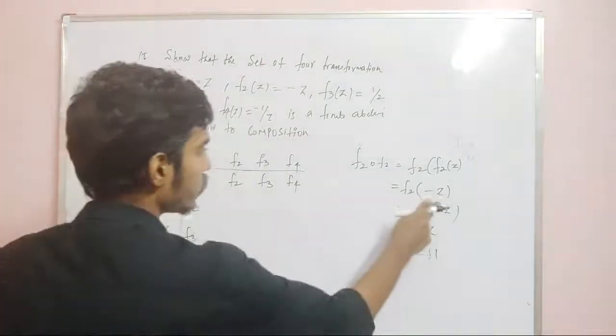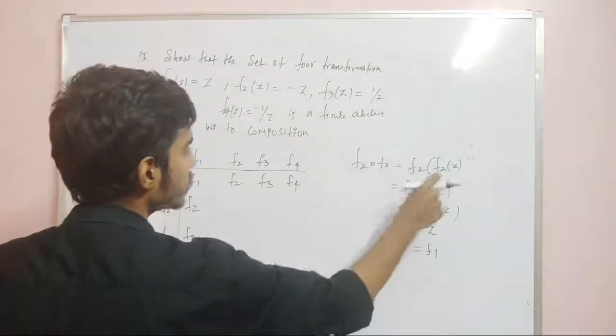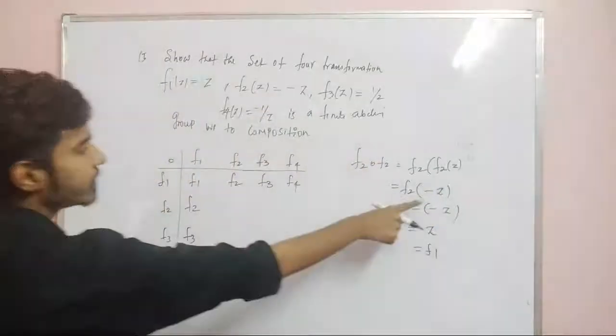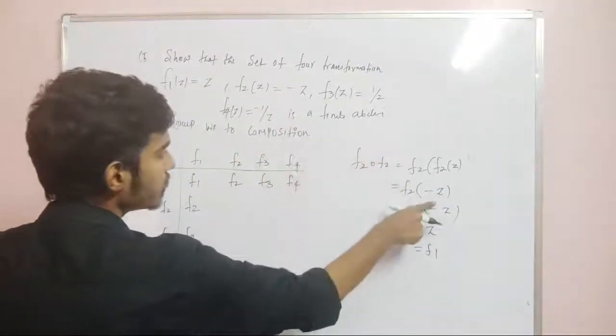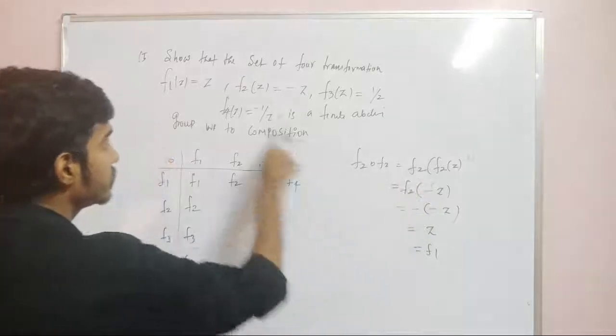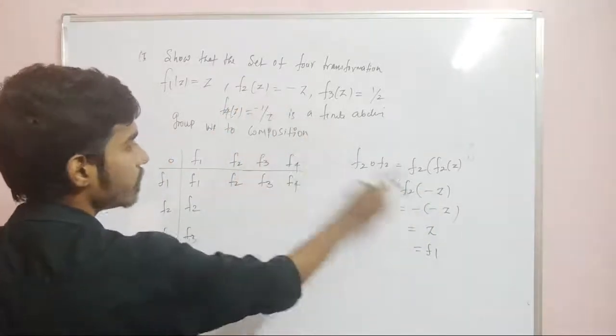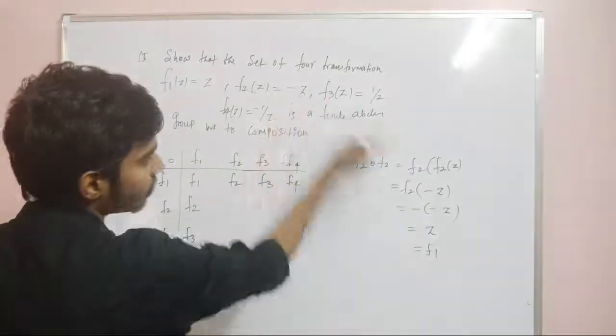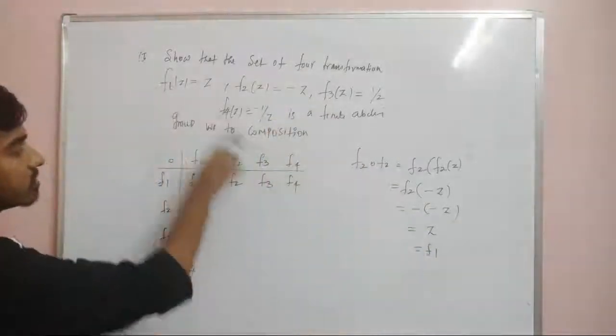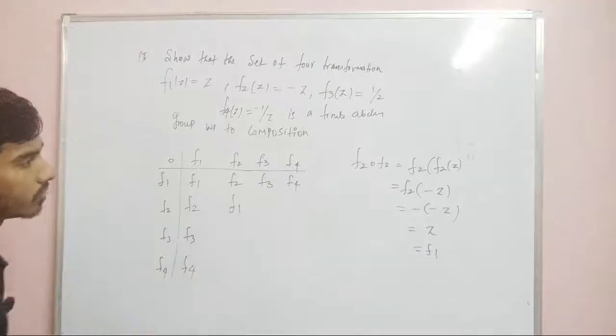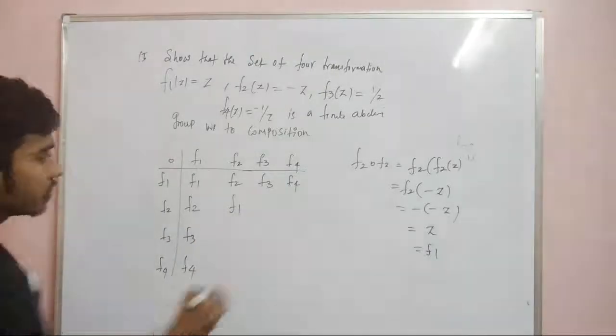So f2 of z is given as minus z. Here we have f2 of minus z, so we have to replace z by minus z. So it will be minus of minus z, which is z, f1. So what will be my f2 composite f3?